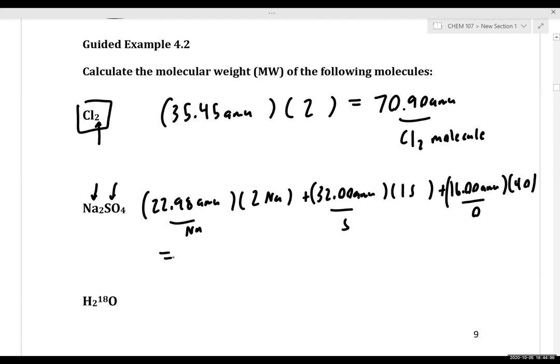So punching this into my calculator, 22.98 times 2 plus 32 plus 16 times 4, that gives me a molecular weight or molar mass of 141.96 AMU per molecule of sodium sulfate.